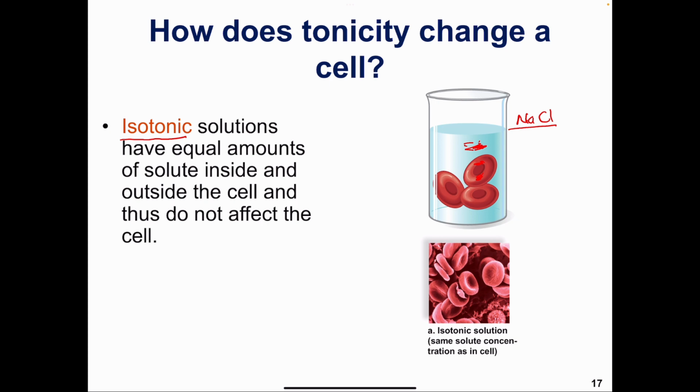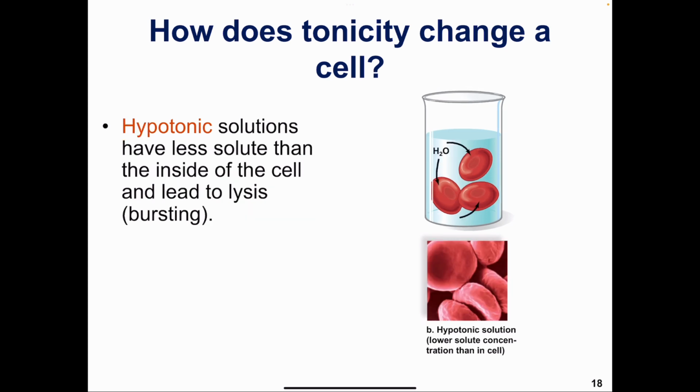However, that ideal situation is not always happening in our systems, so the cell can be in an environment where the solute NaCl is more concentrated inside of the cell than it is outside of the cell, in which case we say that the cells are in a hypotonic environment.